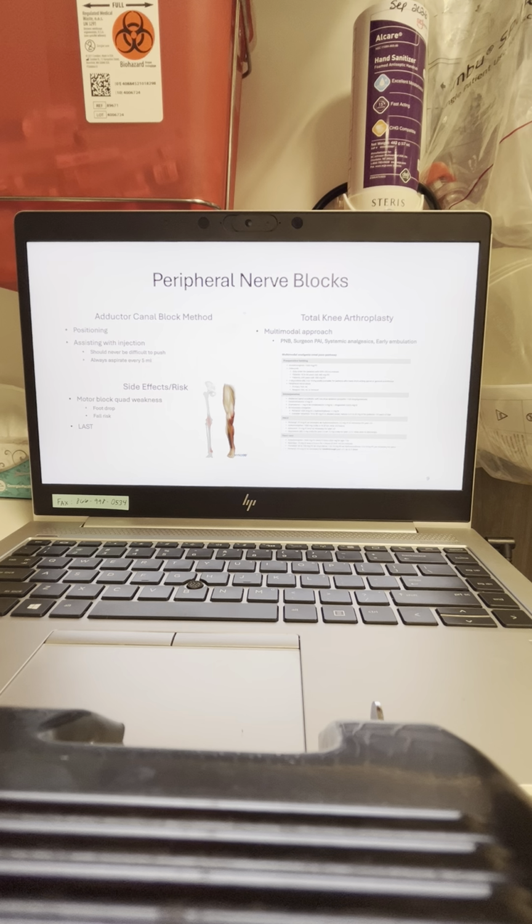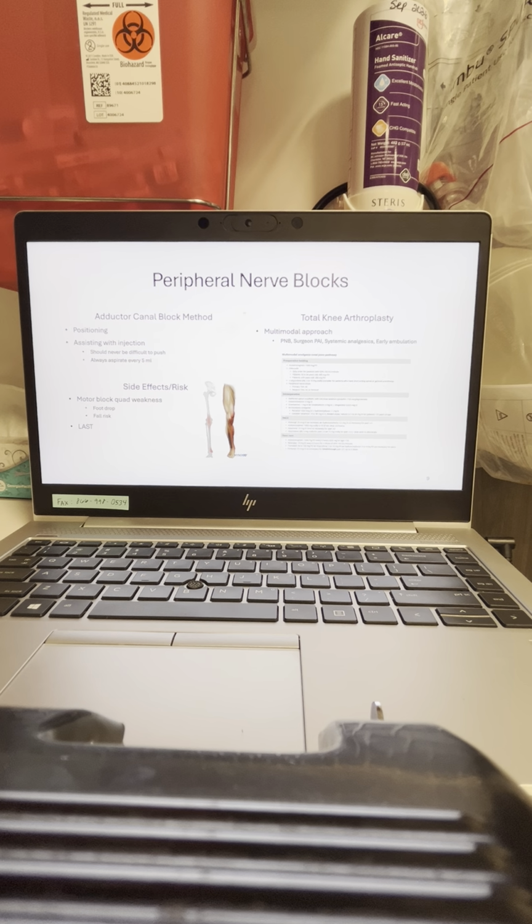Okay, the adductor canal block. This one is our nerve block for obviously our total knee, or really anything from the knee below. It's the saphenous nerve, which goes on the medial side of the leg. As I mentioned, it's a branch of the femoral nerve, and it's sensory only, which is why we use it.